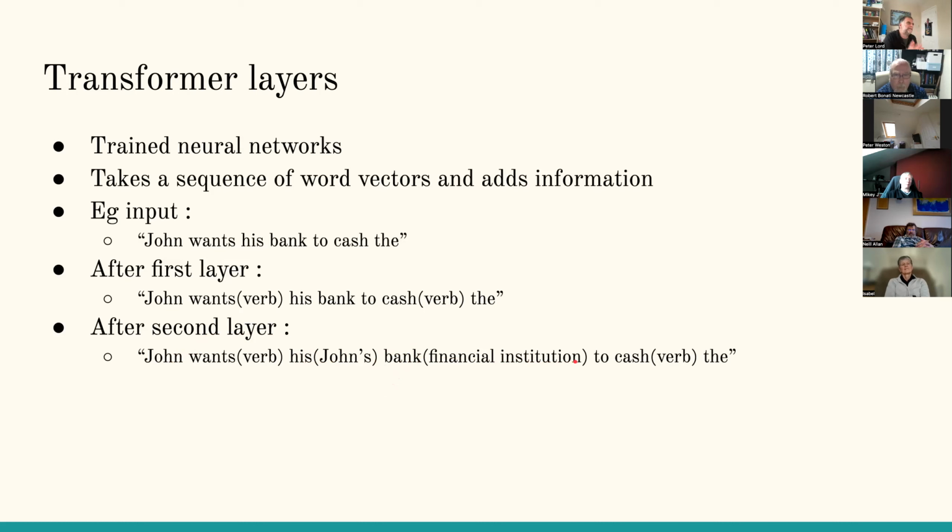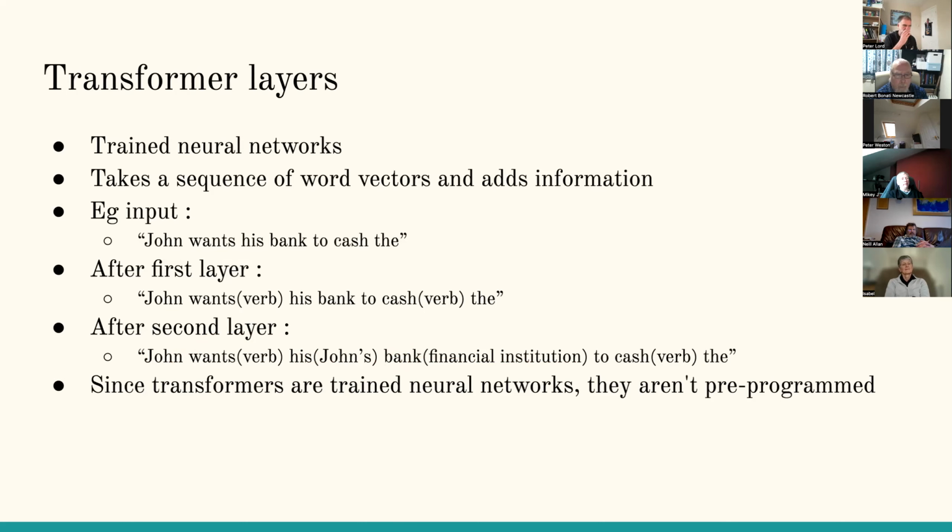So each of these transformer layers is augmenting this prompt in various ways. Remember, the goal is trying to predict or get a list of possible next words. And the final layer, or the final few layers, is going to start predicting what the next token is most likely to be.